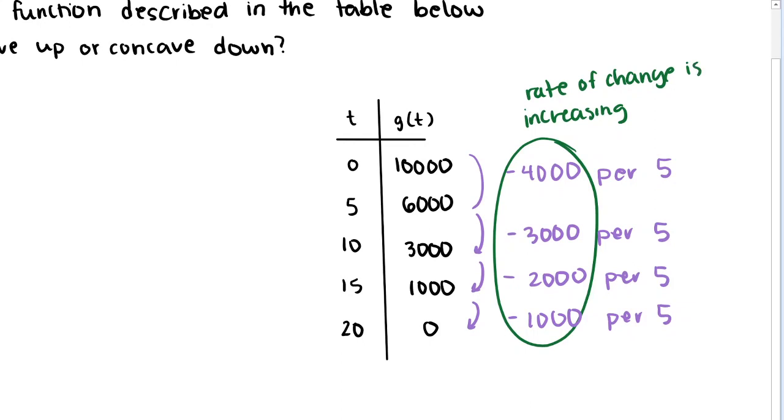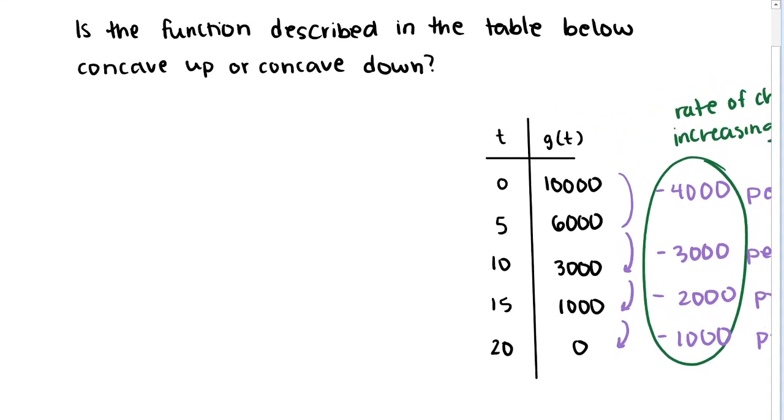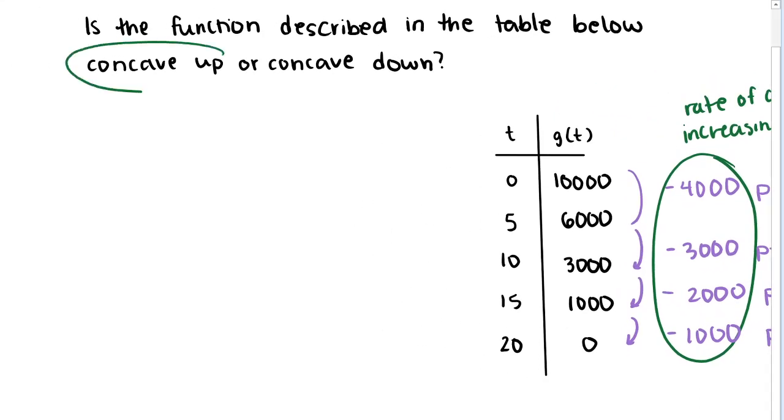And so although this function is a decreasing function at the end of the day, the outputs are going down, the rate at which it's decreasing, or the rate of change of this function, is actually increasing. Right, that decrease is slowing down. And so here, we're going to call this a concave up function. And if you were to plot these points on some coordinate plane, you would be able to see that it sort of bowls upwards, like we expect for a concave up function.